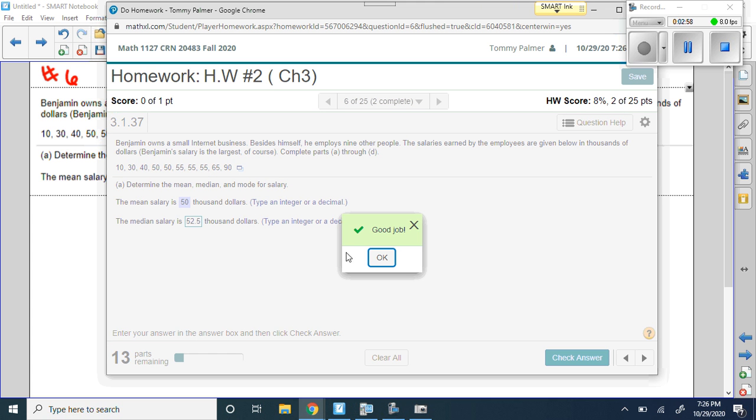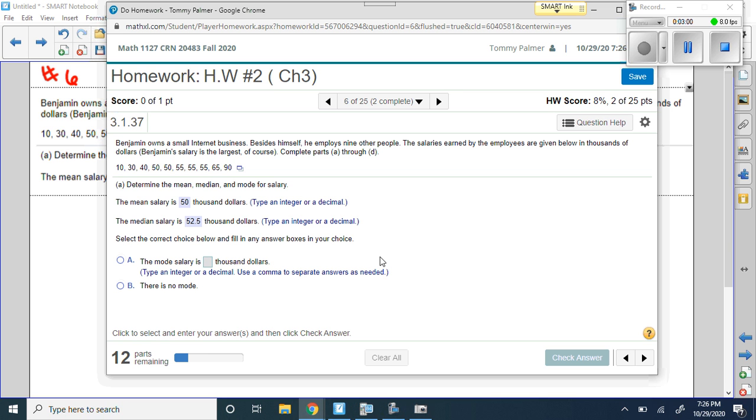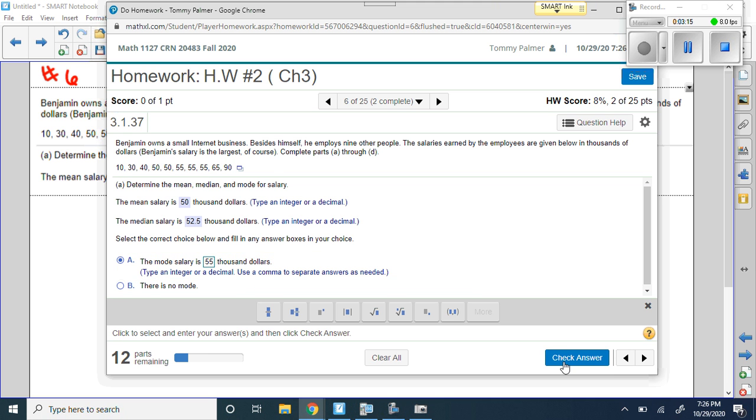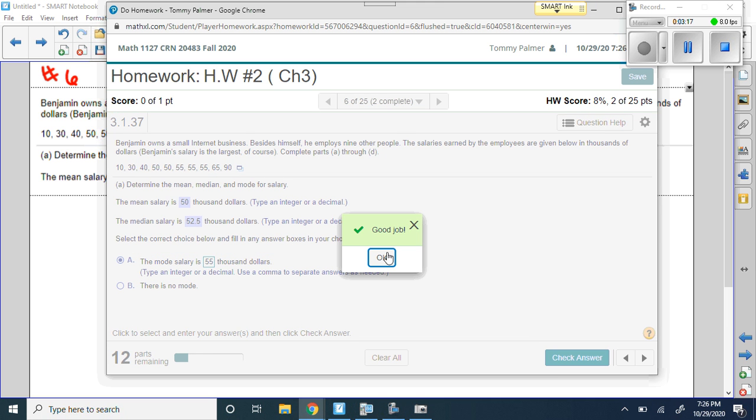Okay. And then the mode, which means select the correct choice below. The mode is 55, shows up 3 times. So 55. Yep. So check answer. All right.